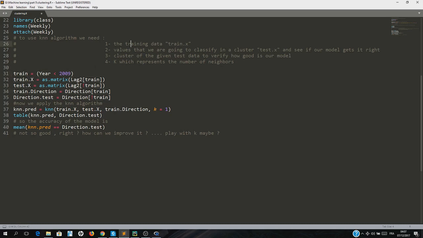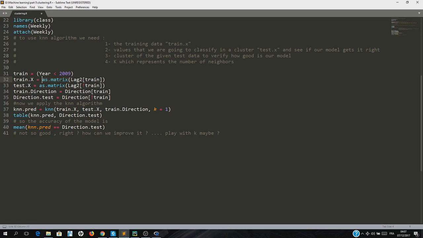So first, the training data. Our training data is gonna be all the data before the year 2009, where we're gonna get Lag2. So this is gonna be our training data. We take it as a matrix, using a function I didn't show you before, I think, so this is your first time.